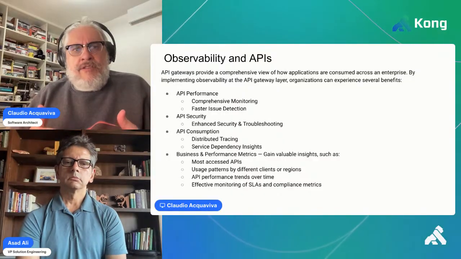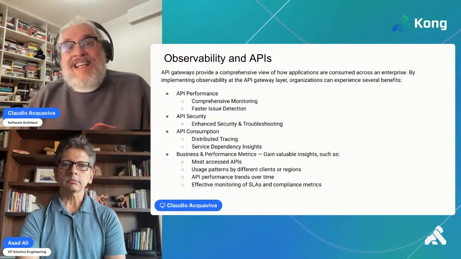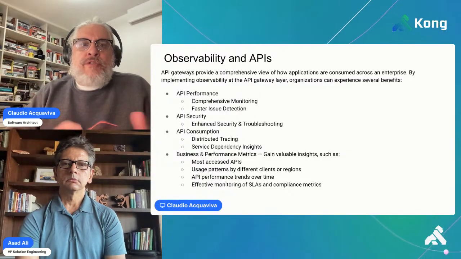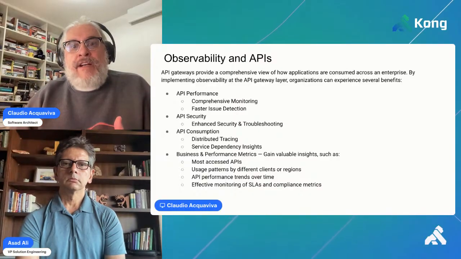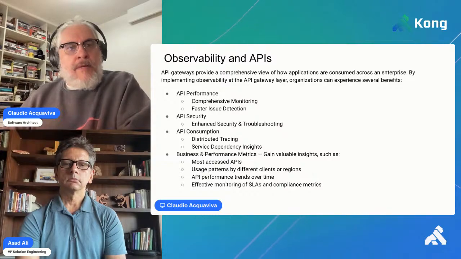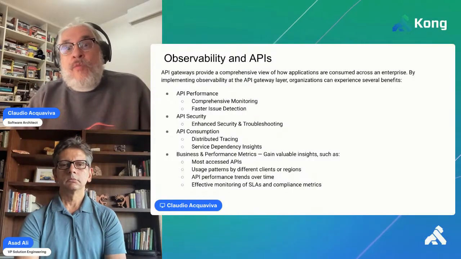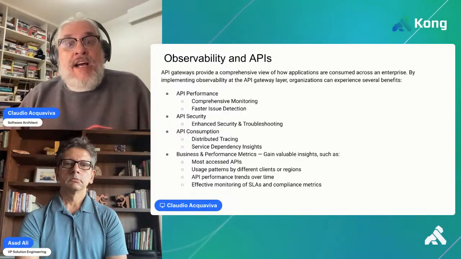When we get started, you get information about the most accessed APIs, and maybe you're going to start outlining consumption patterns in terms of clients, consumers, or regions, which region is consuming which APIs and so on.